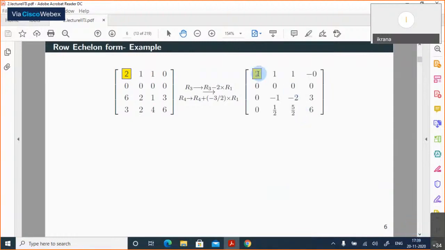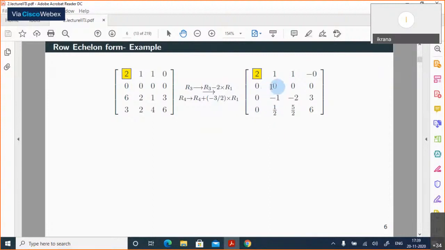As I said, it will be 2 here, 0 everything below. First row remains as it is. Things would have changed. Now look at this part. Forget the first row, which we have already operated upon. Look at this column from this one. There is 0 here and -1 and 1 by 2. So the first non-zero entry is coming here.